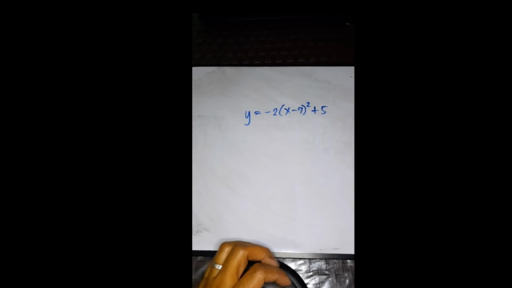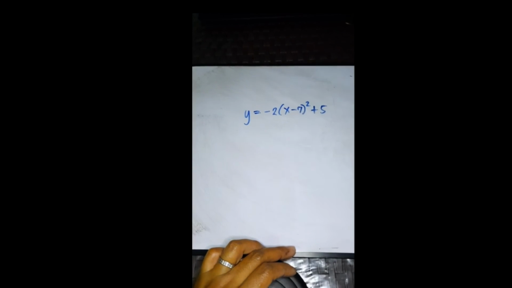Yes. Okay, so by just looking at the quadratic function, since it is already written in vertex form, we can easily identify the opening of the parabola, the coordinates of the vertex, as well as the equation of the axis of symmetry without actually sketching the graph.